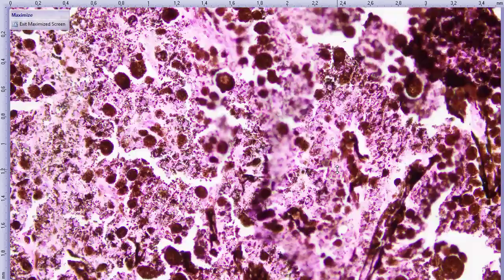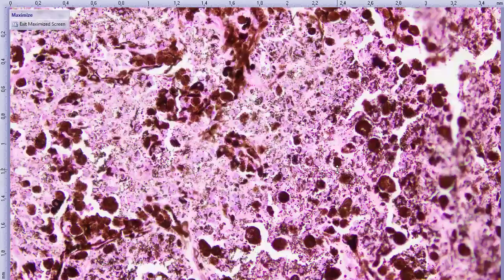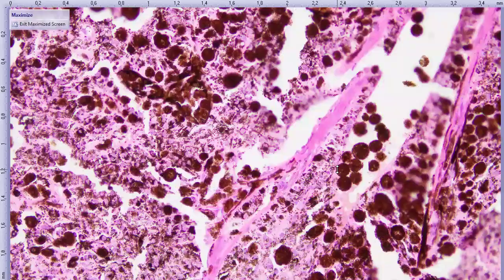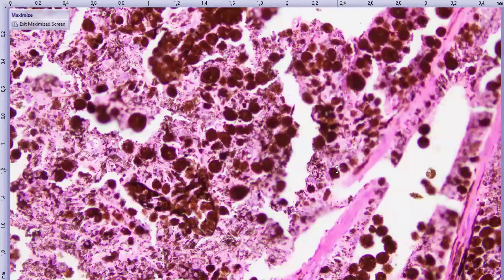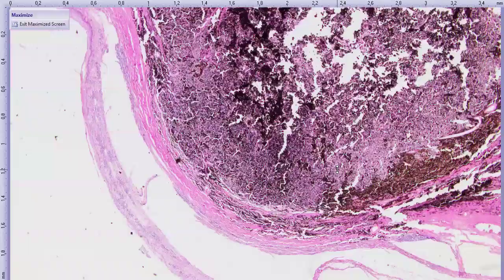So we have seen cases of iridociliary tumors, or tumors from the iris and ciliary body epithelium, that can be pigmented like that, but we were not super convinced yet.